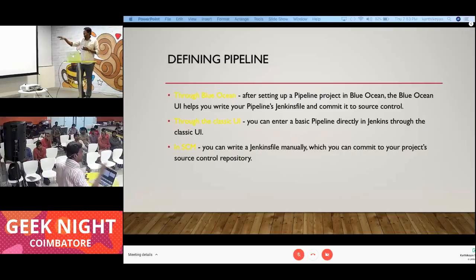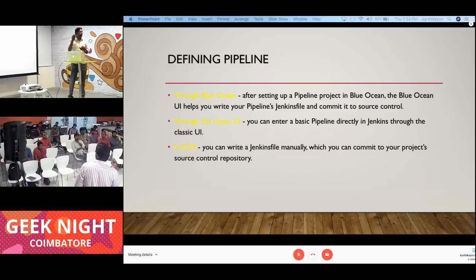The other one is the classic UI, which is what we're going to cover because it's a very basic pipeline step. Very minimal operations can be performed because Jenkins itself provides a syntax. But once you go advanced, then I would recommend going to SCM, that is, putting the build step as part of the Jenkinsfile in the repository.